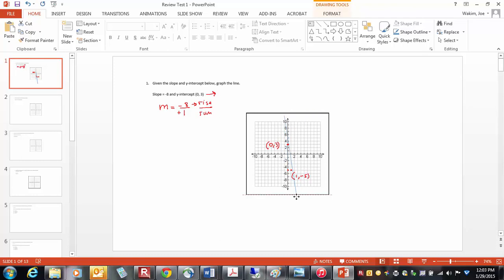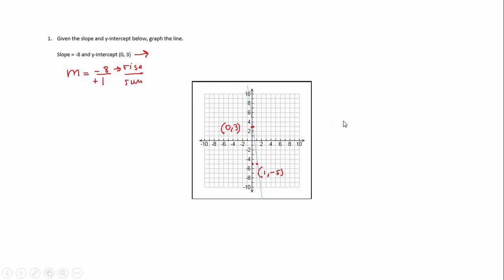Here we go. So this would be the graph of the line with a slope -8 and y-intercept 0, 3. So using those 2 points, I was able to graph the line.